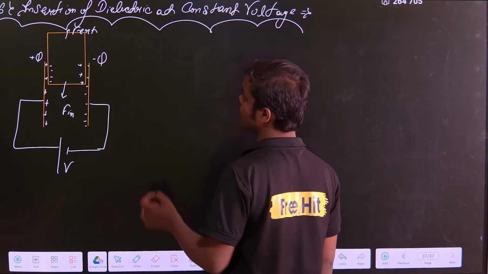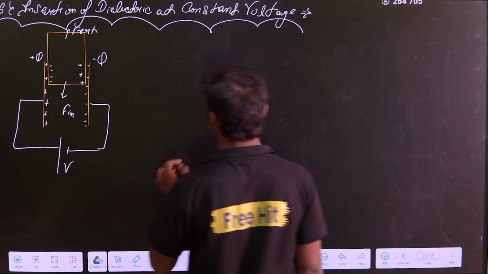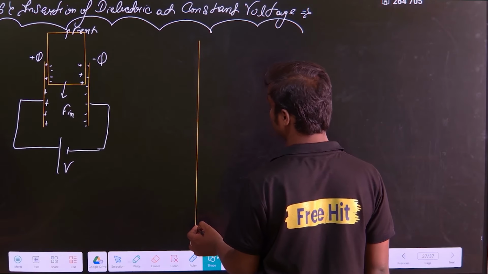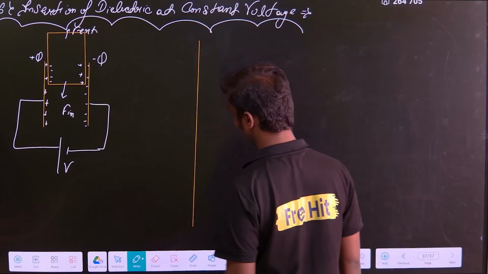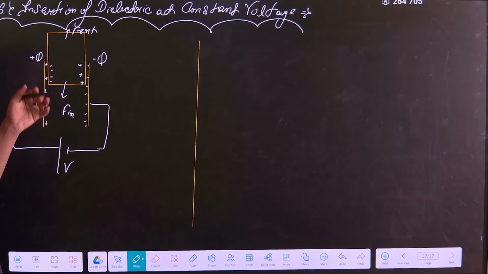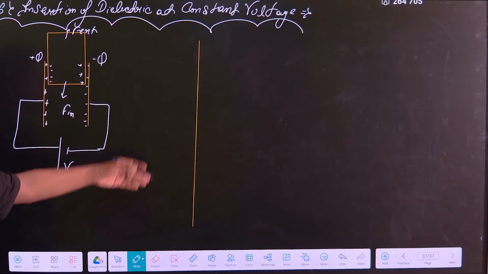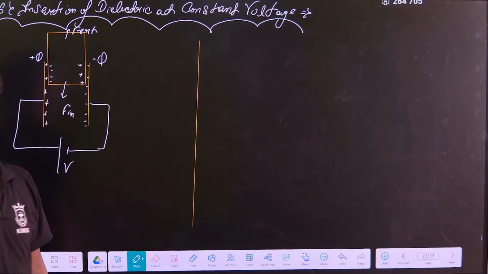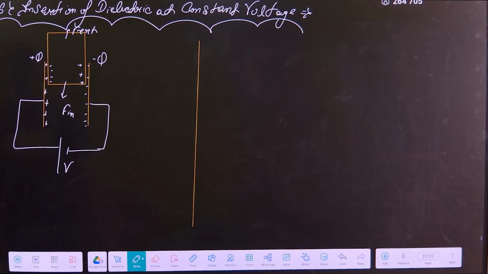Now you have to tell me. Okay, I am not going to write anything for you. Now you have to tell me which thing is constant, which thing is fixed, which thing is going to increase. I am giving you 1 minute. Just write everything, whatever we have written for the constant charge case. Which is going to increase and which decrease, then I will write, and then you will match.